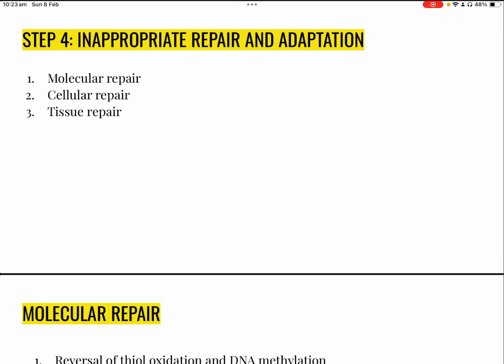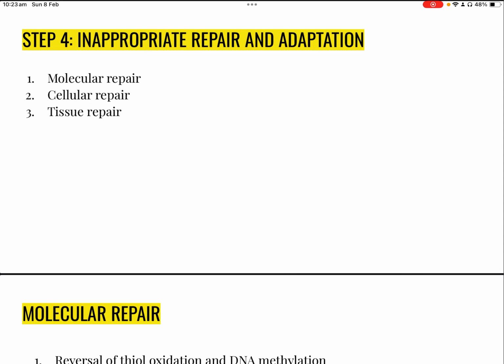When you say molecular repair, that is DNA excision and protein refolding, like protein refolding, to repair a damaged or dysfunctional molecule.